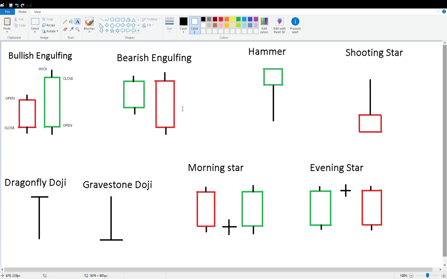And something to keep in mind is that the market doesn't always respect indicators, and it doesn't always respect candlestick patterns. So if you're just going based off of this pattern right here, then there's actually a chance that it could continue going downwards right after this bullish engulfing.